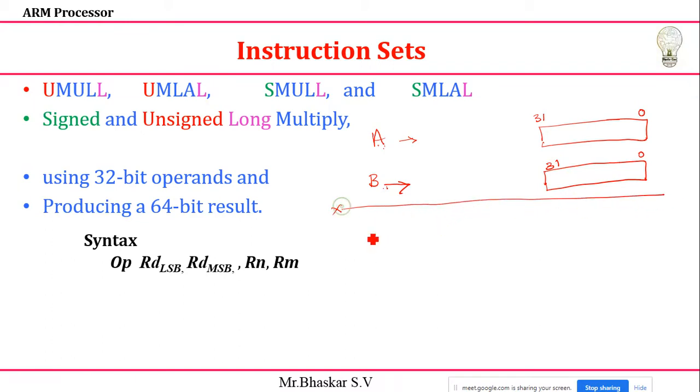After multiplying A with B, it produces a 64-bit result.